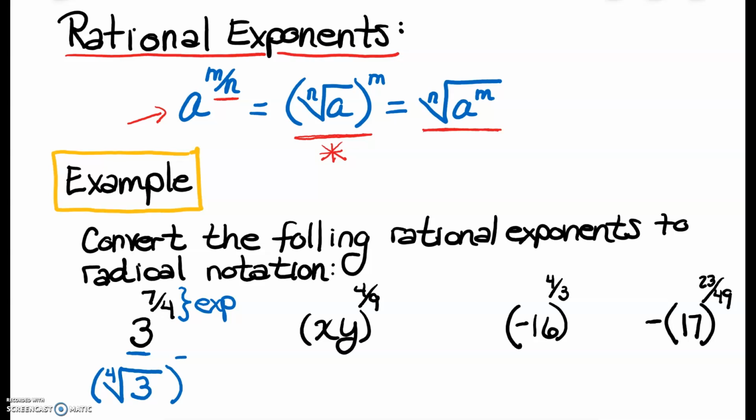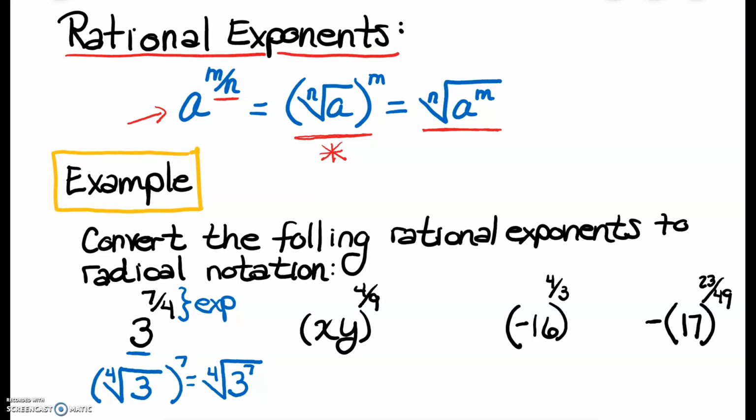The numerator goes on the outside of the parentheses. And this is equivalent to writing the other form, which is the fourth root of 3, but we're going to now put the numerator on the inside. So I want both notations on your homework.